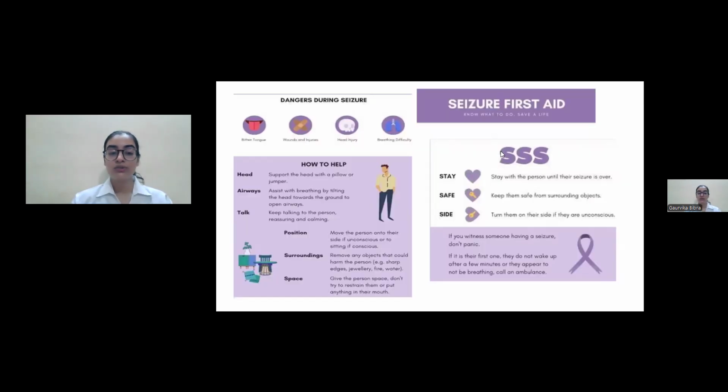So, the dangers during a seizure and how we can help a patient. If you see someone experiencing a seizure or an epilepsy attack, you first need to isolate the patient and remove anything which is covering his neck, loosen his or her clothes, maintain a secure airway.